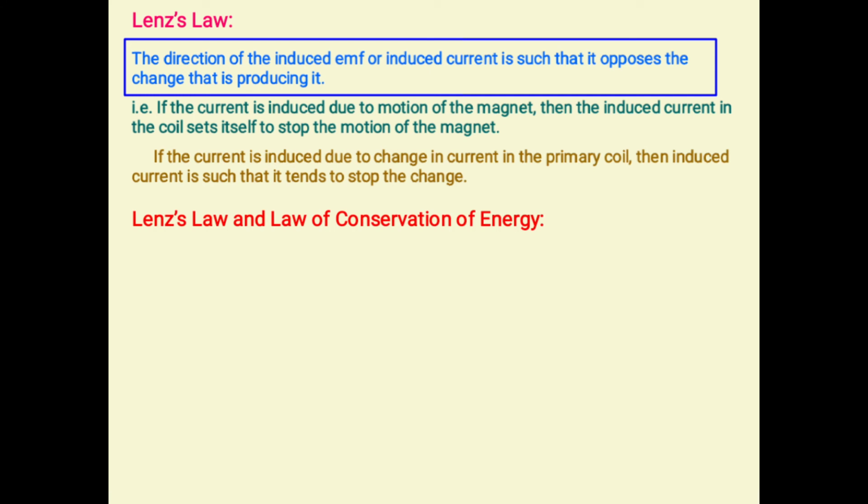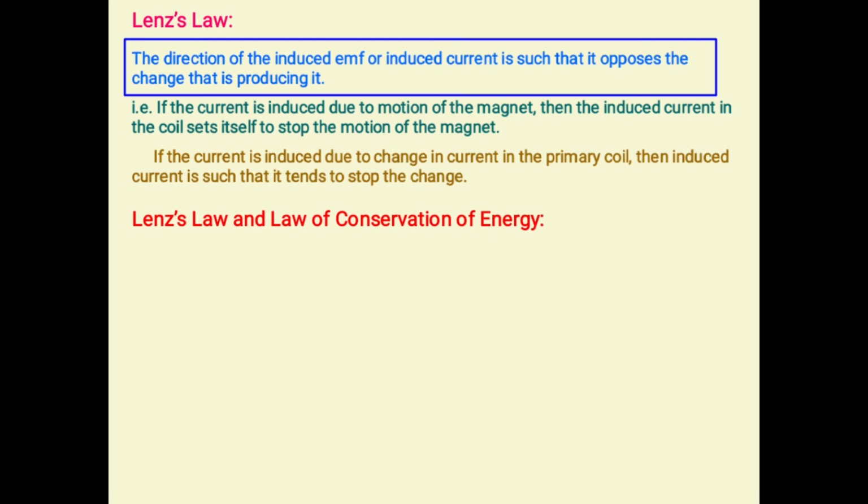Lenz's law is very much in accordance with the law of conservation of energy also. In the first experiment, you can see we are moving the magnet towards the coil. That means we are doing some mechanical work, and if we are doing some mechanical work, that work must be converted into some other form. And really it happens in this case.